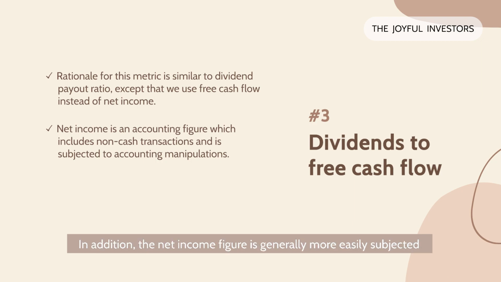In addition, the net income figure is generally more easily subjected to accounting manipulations due to the involvement of judgment and estimates. As a result, there could be situations whereby a company earns, say, $1 million net income, but it actually only has a $700,000 increase of cash for the year.